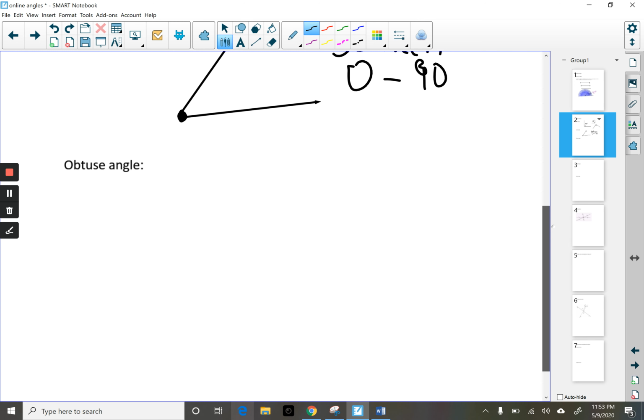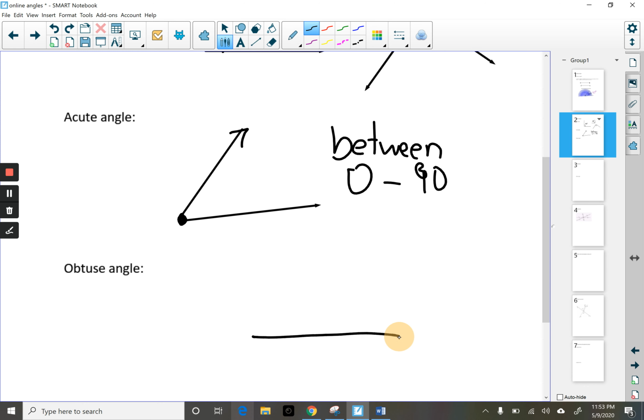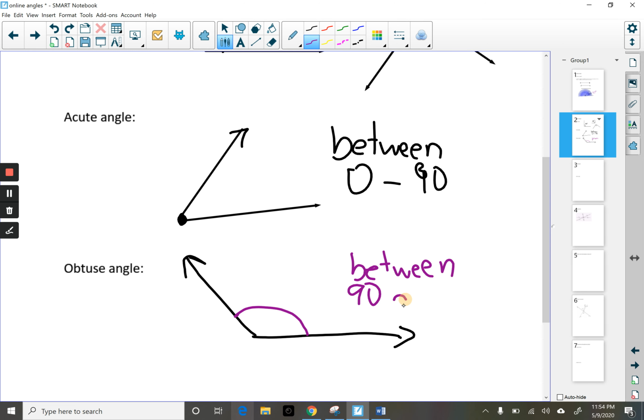Right there, we have an obtuse angle. This is one you probably learned as well. An obtuse angle has, let's just draw a terrible looking angle there. Sorry, my drawing is getting worse and worse. This one here, the measurement of this angle is greater than 90 degrees, is probably what you have learned. That is not exactly true. This one is between 90 and 180.